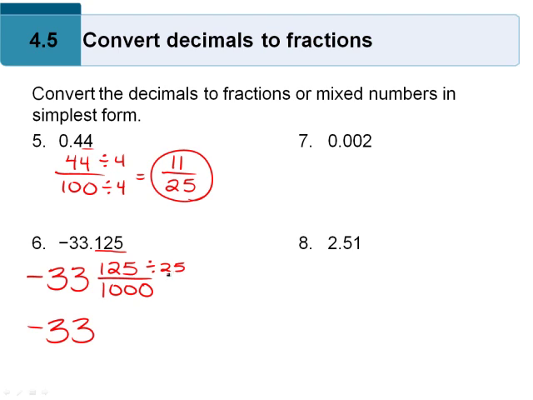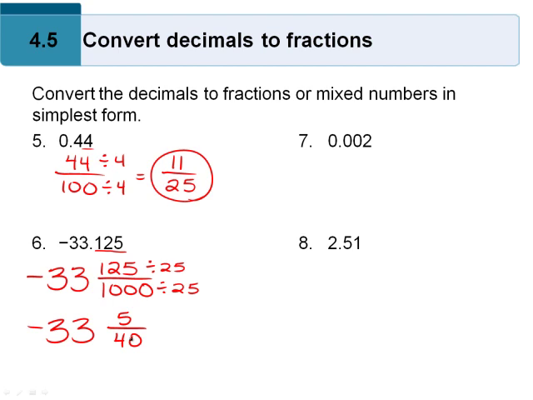So if I divide by 25 on the top and bottom, 25 goes into 125 5 times. And you know, use your calculator for all of this. Makes it a lot easier. And 1,000 divided by 25 should be 40, I think. Pretty sure. Let me double check that. Divided by 25. Yep, 40.